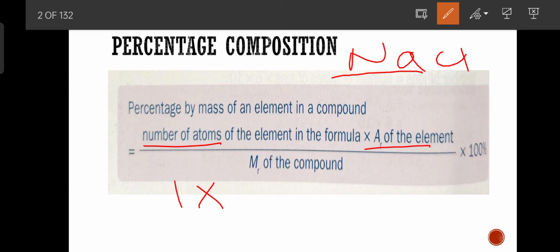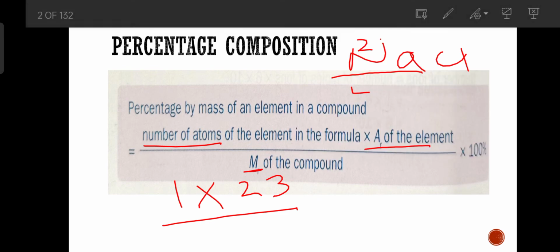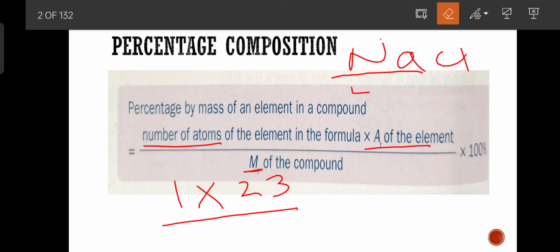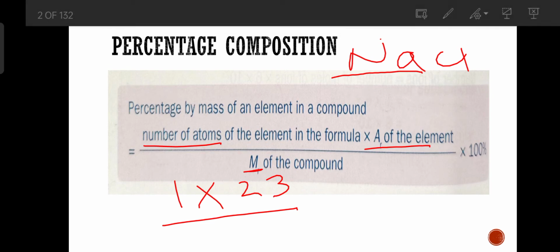You have to write down the relative atomic mass of the element of which you are finding the percentage composition. So for sodium, the AR is 23, divided by the MR of the compound.